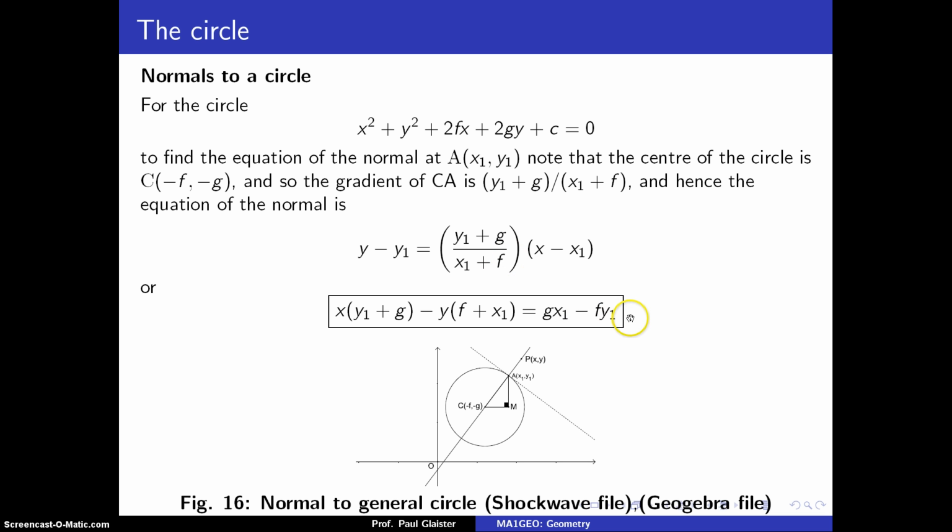If you rearrange that, you get this, clearly a straight line. There's no more simplification really that can be done, and you certainly can't use, as we did for the equation for the tangent, the fact that x1 squared plus y1 squared plus 2fx1 plus 2gy1 plus c is 0, because that expression doesn't appear.